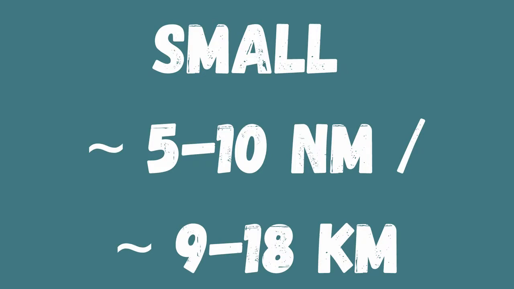For smaller lakes and bays, we're talking on the order of 5 to 10 nautical miles, or about 8 to 16 kilometers in diameter. Examples of smaller size lakes and bays would be Tampa Bay, Biscayne Bay, Buzzards Bay, Charleston, some parts of Annapolis, western Long Island Sound where it's a bit narrower, the lower Hudson Bay in New York, and San Francisco Bay.